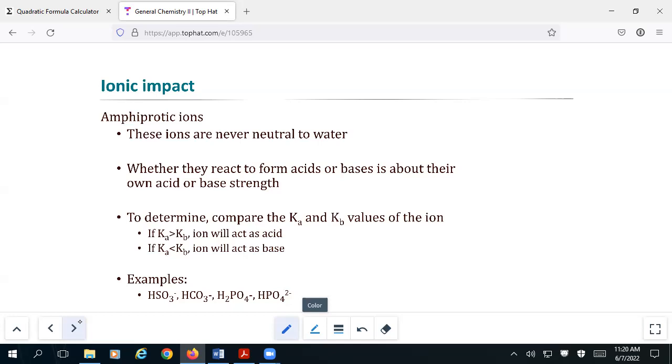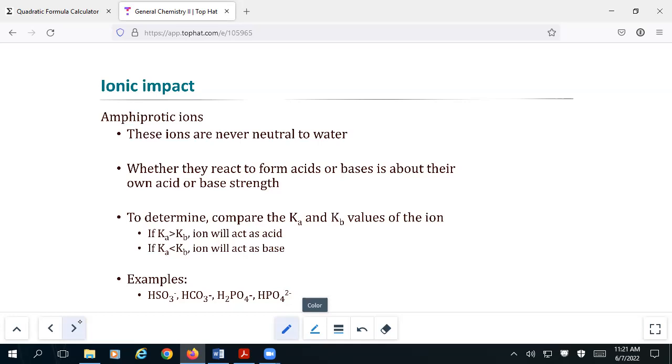That amphoterism, that amphiprotic nature, means that the substance is never going to be neutral toward water, because we can see it constantly either adding hydrogens or taking hydrogens away. So it's always going to act as an acid or a base. Which one it acts as depends upon the relative values of the Ka and the Kb for that particular ion.